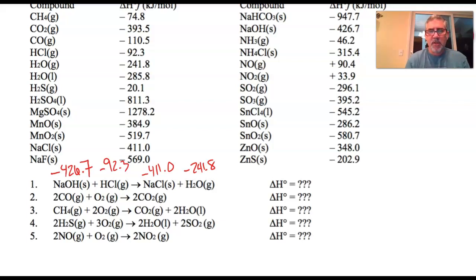Remember, this is going to be products minus reactants. An easy way to do this is you can rewrite the whole thing, or you can do this. It's products minus reactants.